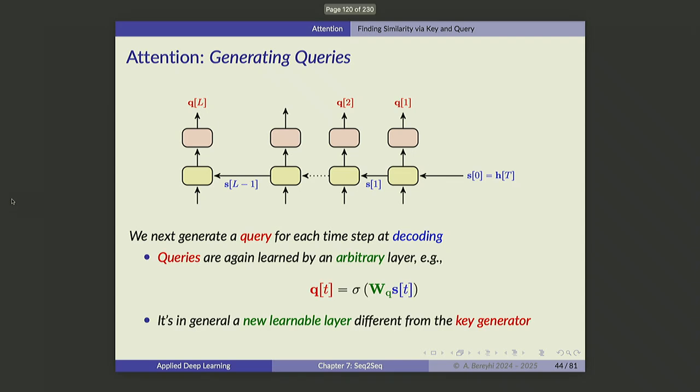So we are going to get this query. How do we get it? Again, you simply put one linear layer. You get whatever hidden state you have at that time and transform it into your query. This query is essentially what you used before to start speaking, because you just give it to softmax and take the maximum probability. But now you don't do that.